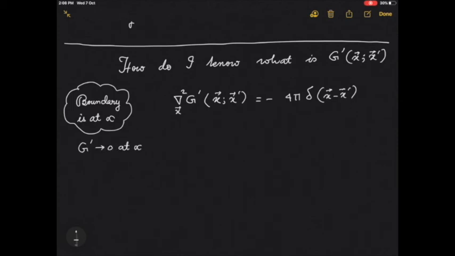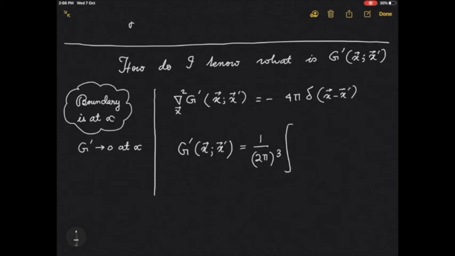So G prime tends to 0 at infinity. Now in this case, there are certain conditions which you already know. They are also called Dirichlet conditions, by the way, where we can say that this can be decomposed in its harmonics. So there can be a harmonic decomposition, or I can write this in terms of its Fourier transform.